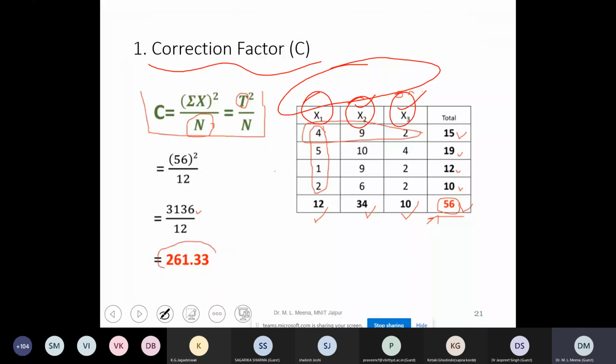The formula is the summation of x, all squared, divided by capital N. Capital N is the total number of observations.